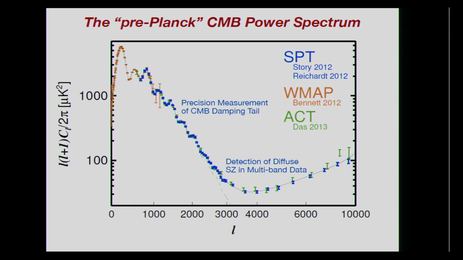We already characterized this damping tail of the CMB, and relative to Planck, we're going out to smaller angular scales, higher l's. Around 2,000, we pick up where Planck took off, and we're improving on the sensitivity and constraints of the primordial CMB spectrum above l of 2,000 and out to l of 10,000, where other sources start dominating the microwave sky: secondary anisotropy from the SZ effect and point sources.